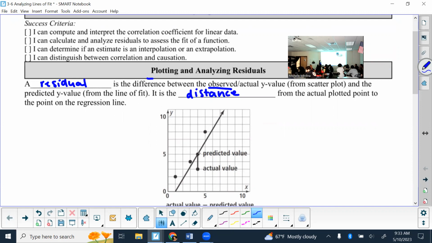So here's a visual, predicted versus actual. All right. So if you have it on the line, so maybe say this is a scatter plot point, would you expect that residual to be large or small? Okay, Brian says large, anyone think small?